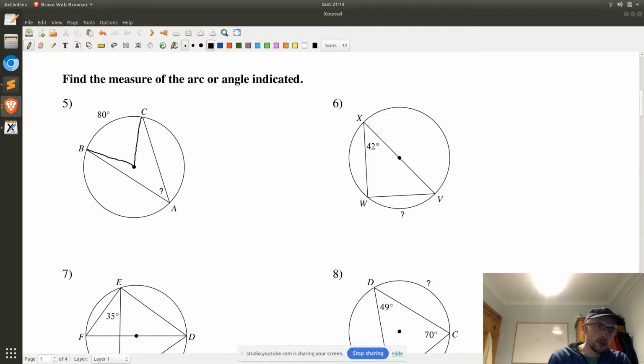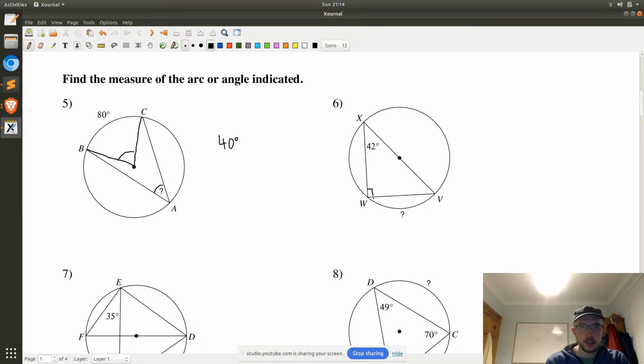The inscribed angle theorem states that this angle here is double this angle here. The angle in the center is twice the angle at the circumference. So in other words, this should be 40 degrees. And we need to find the measure of that arc right there.